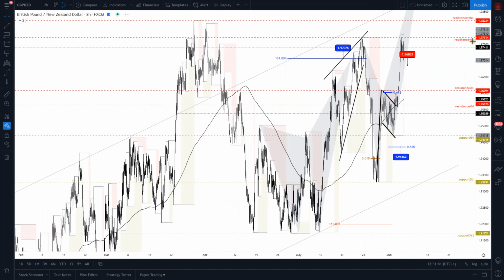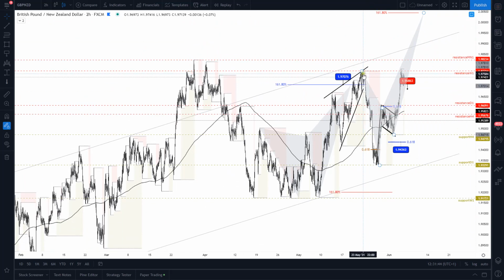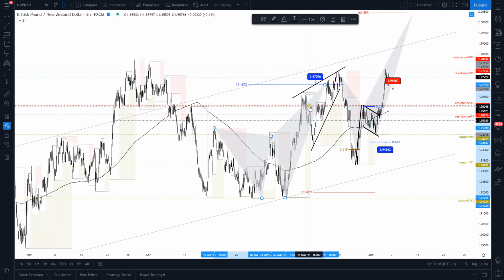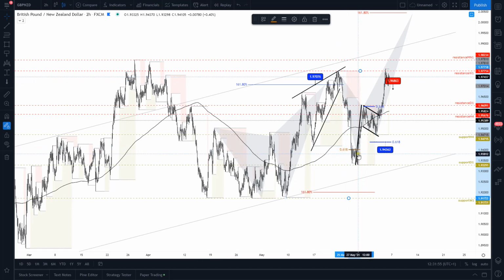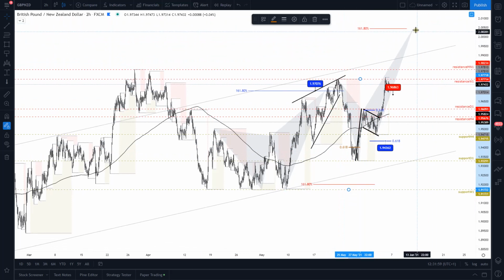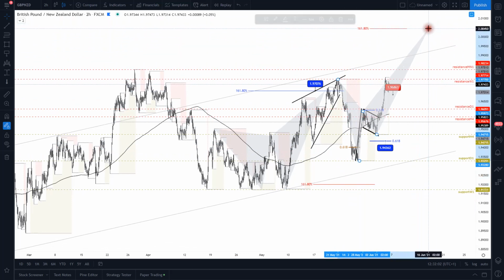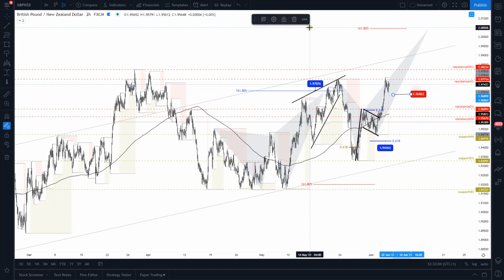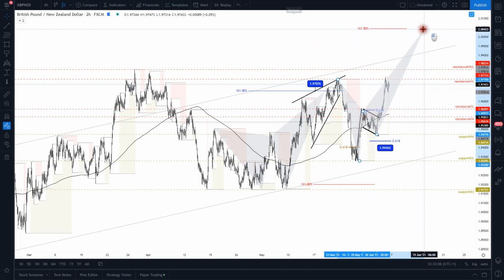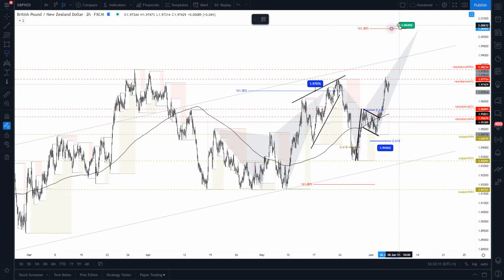Pound versus the New Zealand, we shorted this one from these highs. We shorted this bearish shark pattern at the 168 extension. Of course, golden Fibonacci, the market has found some support below that golden fib, and now I'm projecting one eventual crab pattern also at the golden Fibonacci extension level, 2.0.